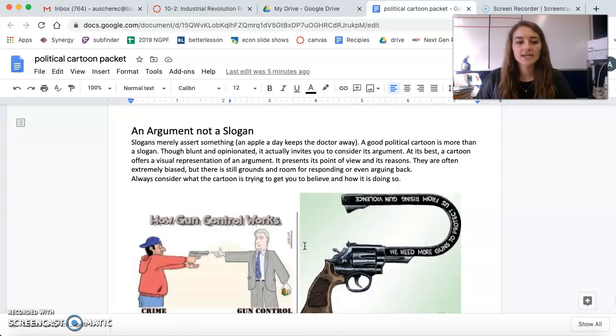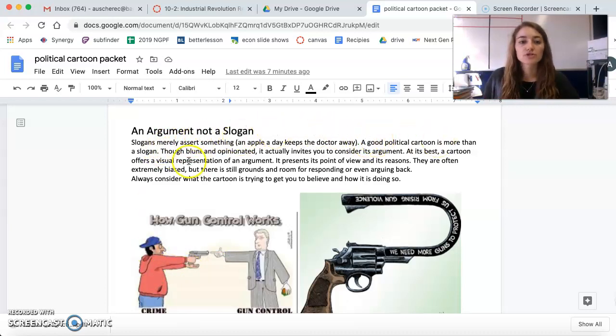And then another really key component of political cartoons is that they are arguments. At their foundational level, a political cartoonist is using a drawing to try and make an argument about something going on politically, in society, economically, whatever it is. Slogans merely assert something.